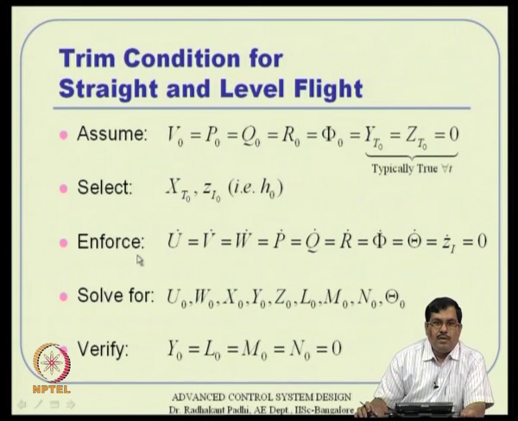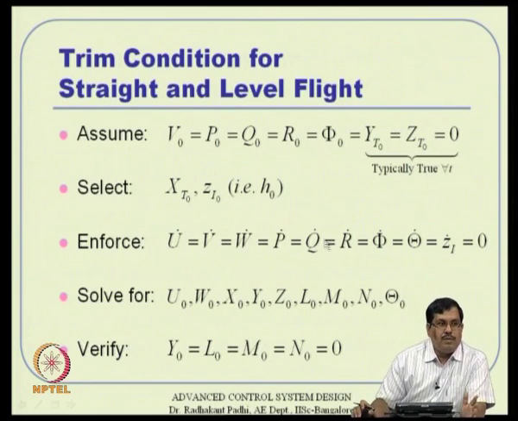Then we are left with these variables to solve for. That means you are talking about 9 equations and 9 free variables, so you can solve for them, valid under these assumptions, and this will result in this x0 u0 pair combination.